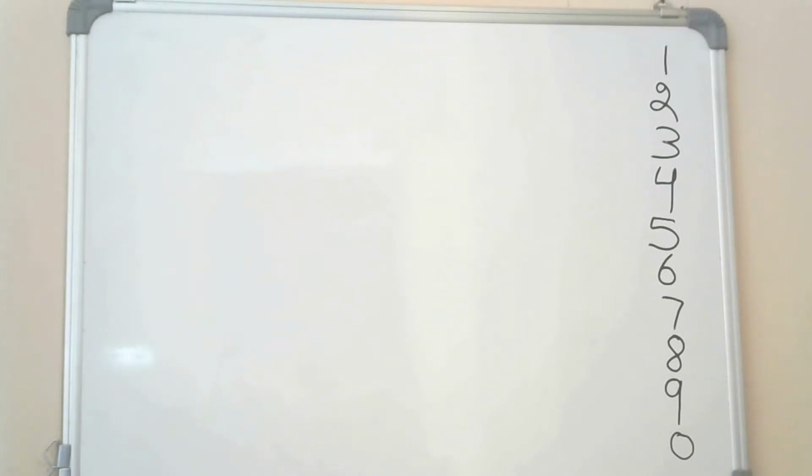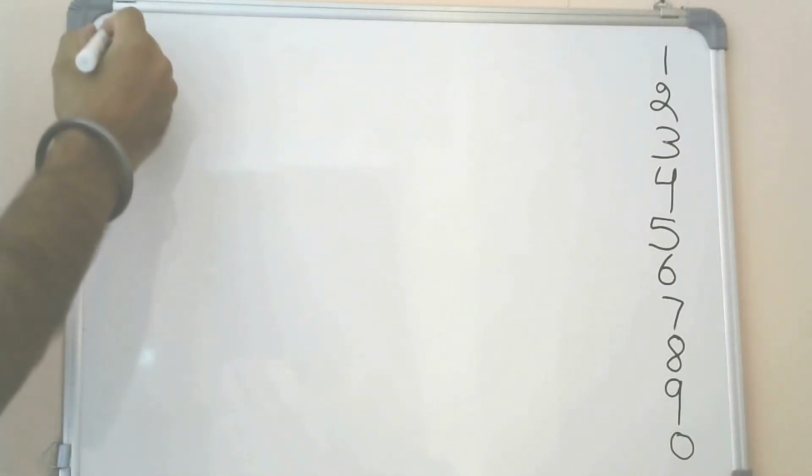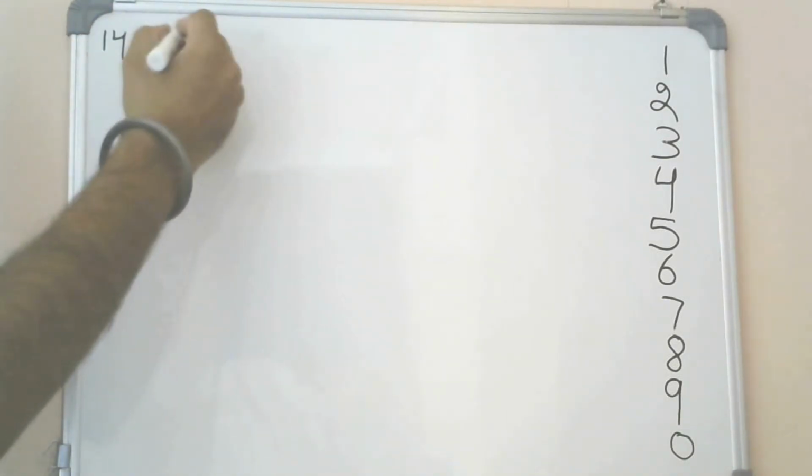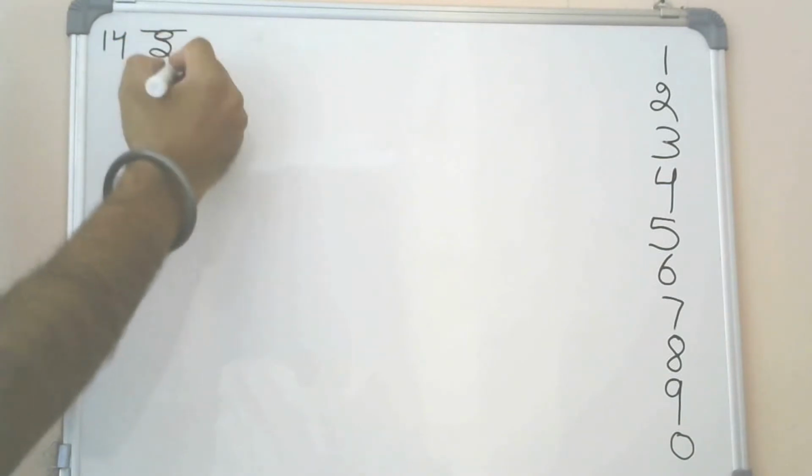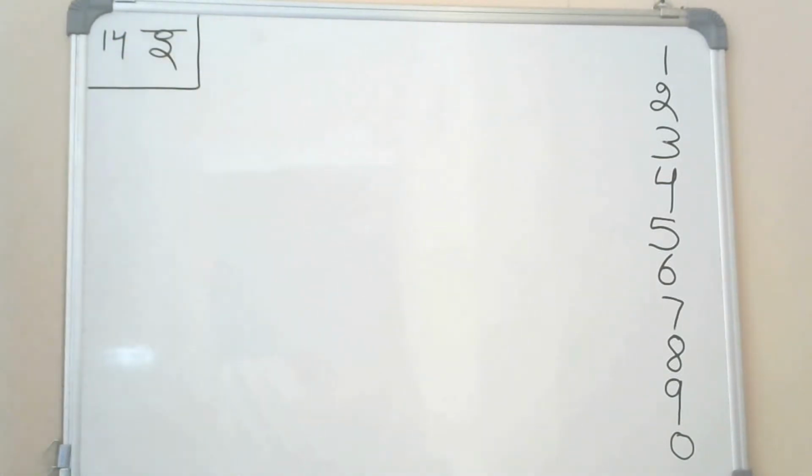The 14th letter of Gurmukhi is Chajja. Before we know how to write this letter, I just want to say this.